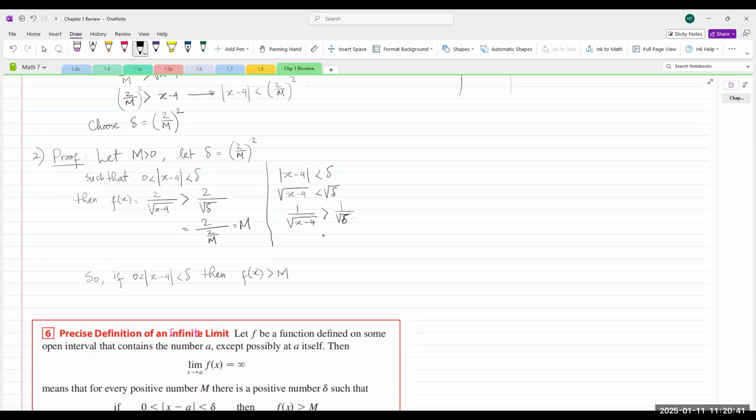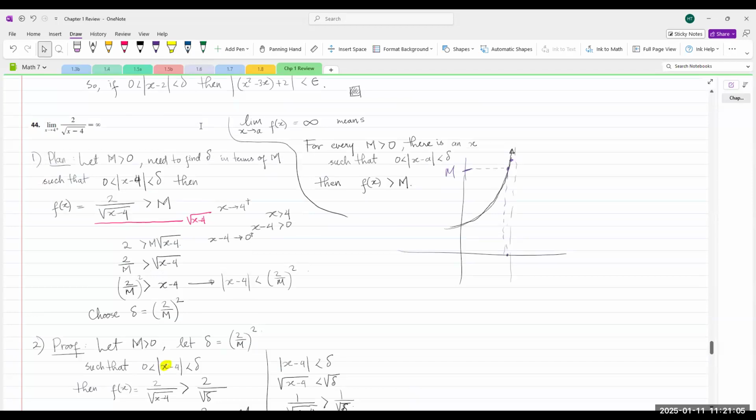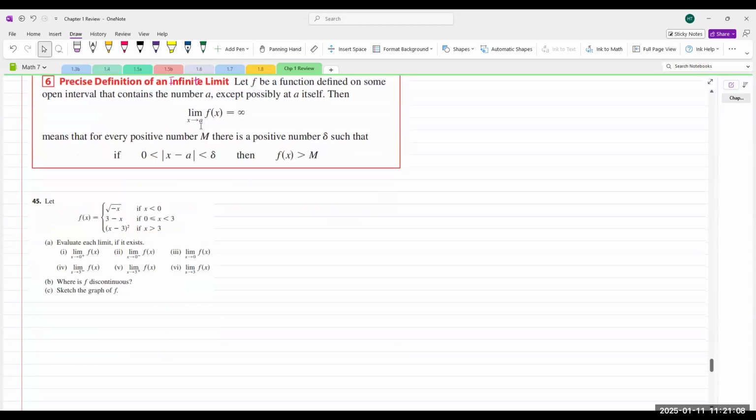You chose a number, I can find a delta such that any x whose distance from 4 is less than delta, that x must give us a value larger than what you chose. Okay, now that's for a limit involving infinity.